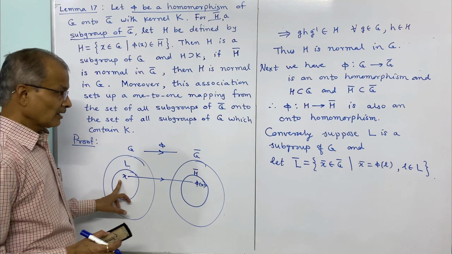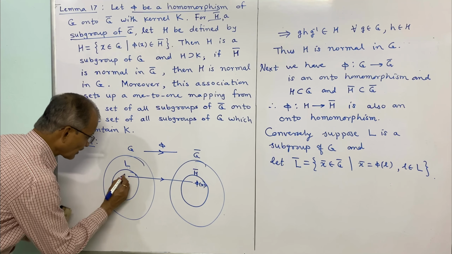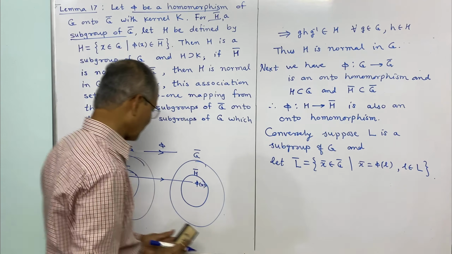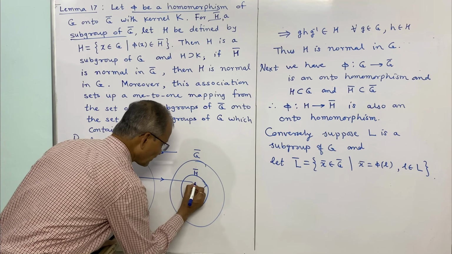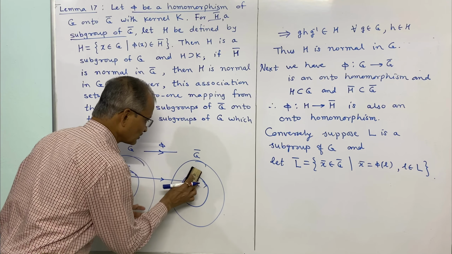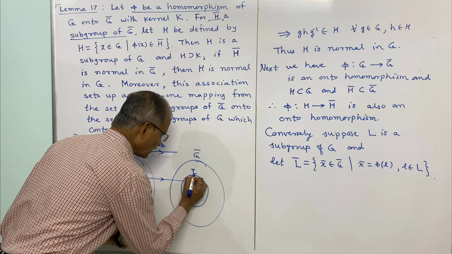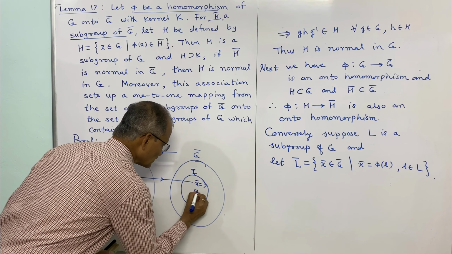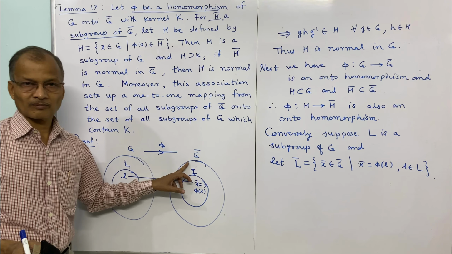For every l belonging to L, its image phi of l is x bar, and that belongs to L bar. This is the definition of L bar.